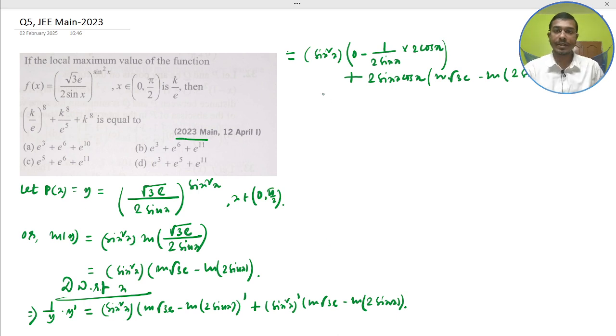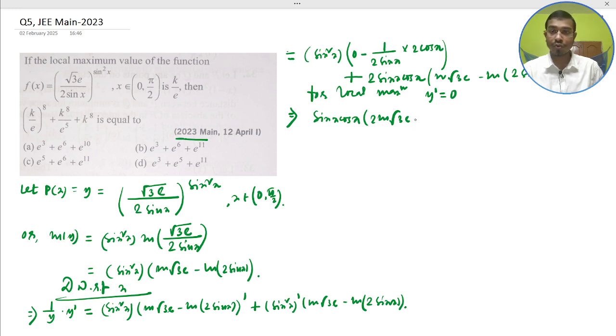So now for local maxima, we just discussed the local maxima, the first order derivative should be 0. So this should be 0 here. That implies sin x cos x into 2 ln √3 minus 2 ln 2 sin x minus 1 should be 0.